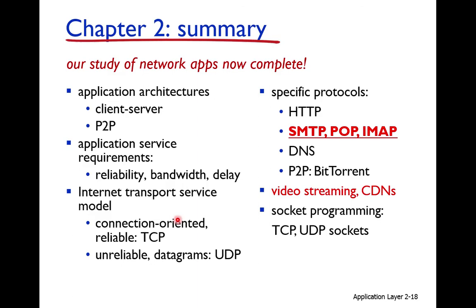Similarly, these are just general points about the application layer. We also discussed some example application layer protocols that are used in practice. For example, HTTP. We discussed the working of HTTP.